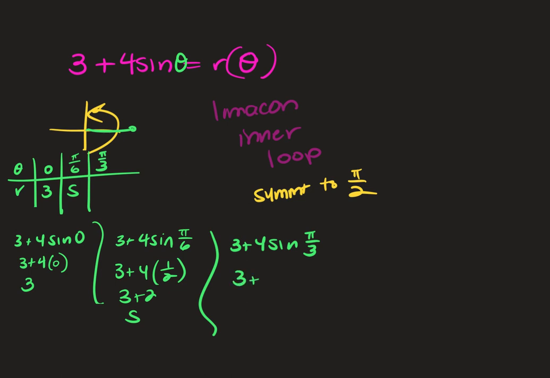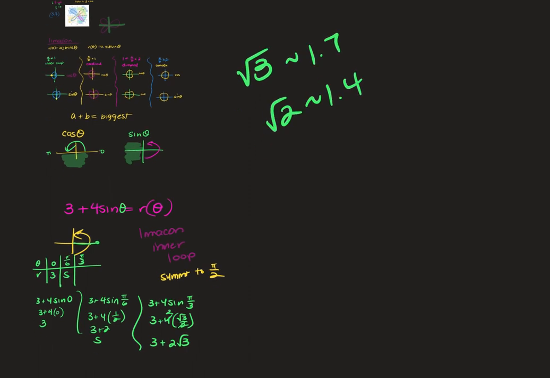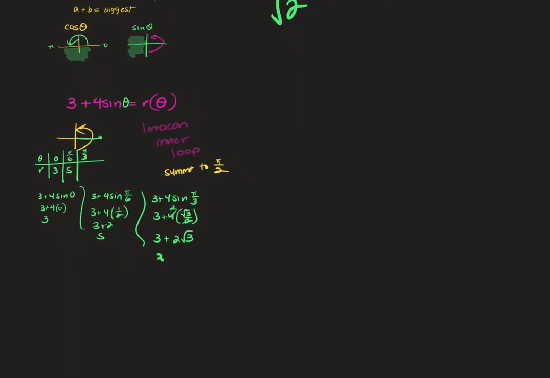What's the sine at pi over 3? Root 3 over 2. Remember, we approximate, so this would be 2 root 3, that's going to be beneficial to you. Root 3, we say, is 1.7. Root 2, we say, is 1.4. So this would be 3 plus 2 times 1.7. 3 plus 3.4, 6.4.